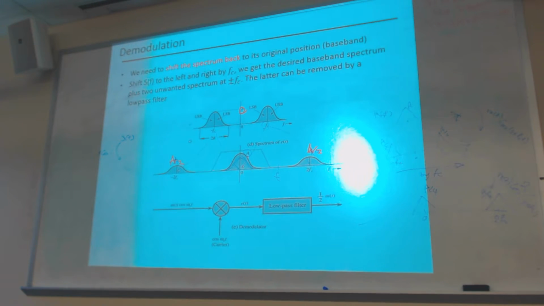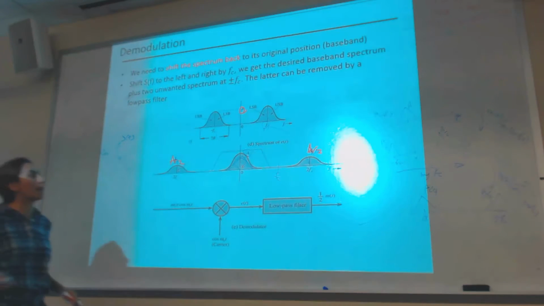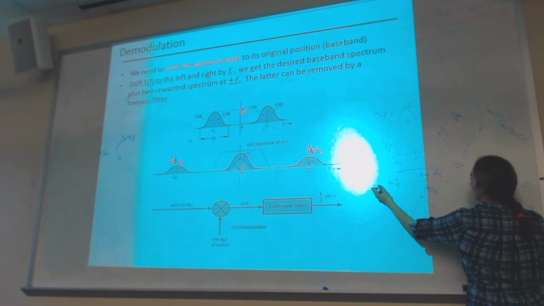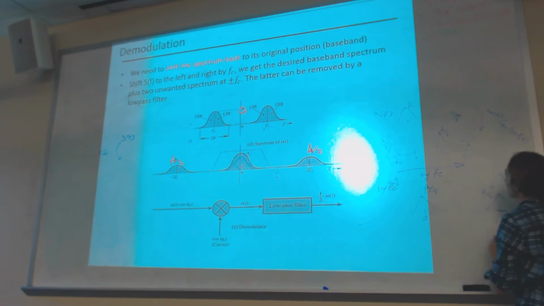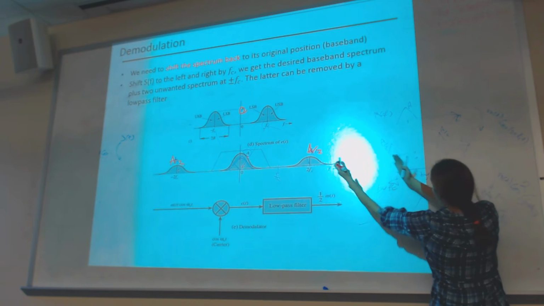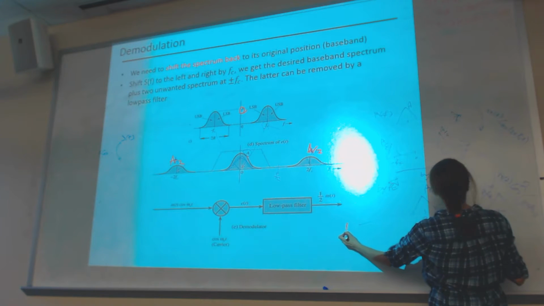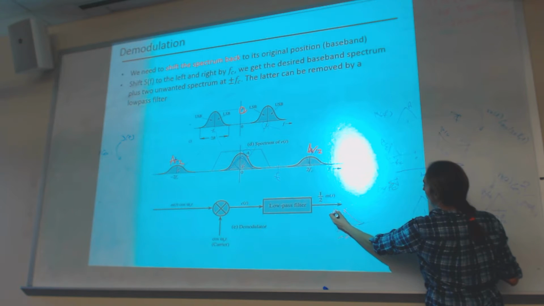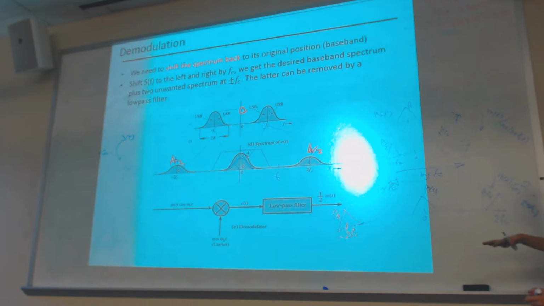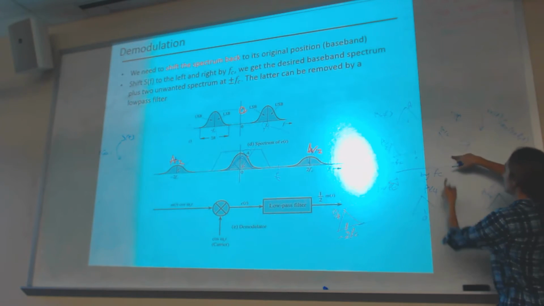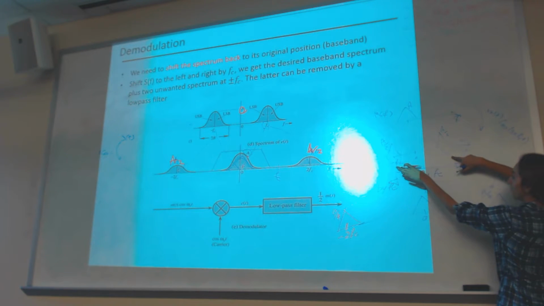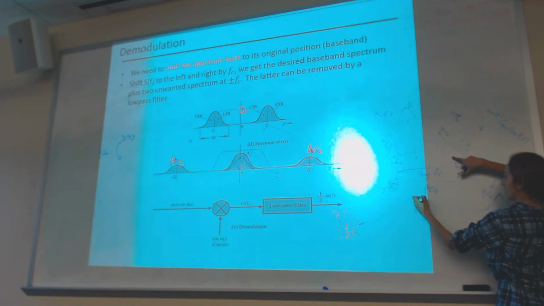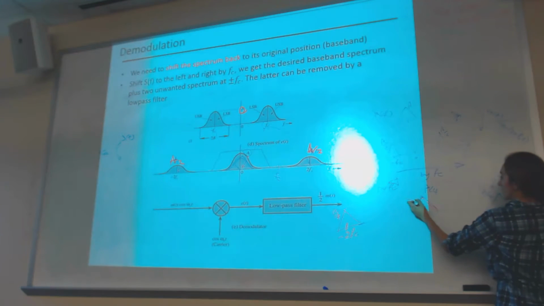Am I done? No, because I only shifted to the right. Now you have to shift the whole thing to the left, again by Fc. When I shift this to the left, this one goes to minus 2Fc, again A over 4, because it's going to be half. And then this one shifted by Fc to the left goes to 0, the origin. Exactly the same.